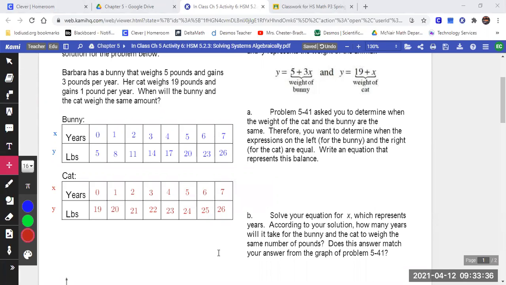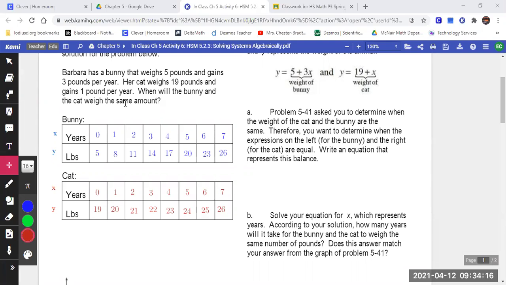What are we looking for in the table so we know that's the solution to the system?